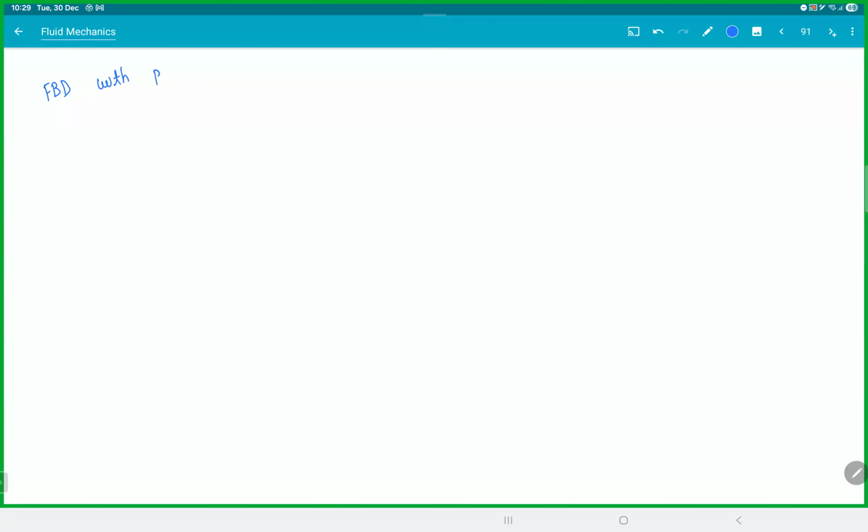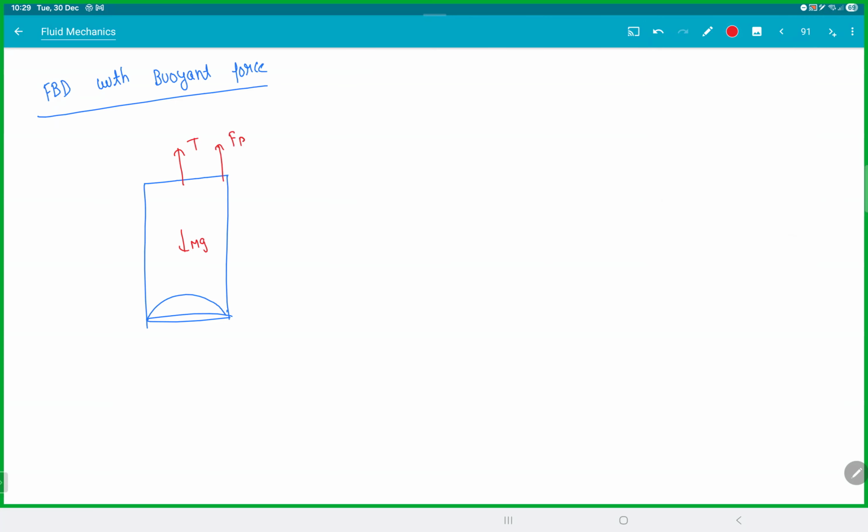When you draw FBD with buoyant force: tension, mg, buoyant force. That's it.